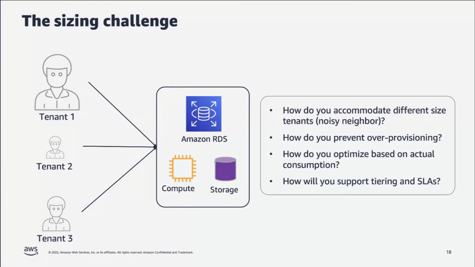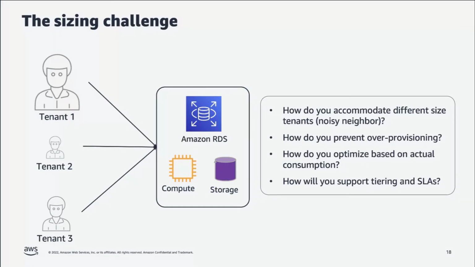In multi-tenancy systems, not all tenants have the same capacity or sizing requirements. Some tenants could be more demanding with higher capacity requirements in terms of connections, CPU, memory, networking, IOPS, etc. And other tenants may have different capacity requirements, as you can see in this slide. So the common questions that arise are: how do you accommodate different size tenants?